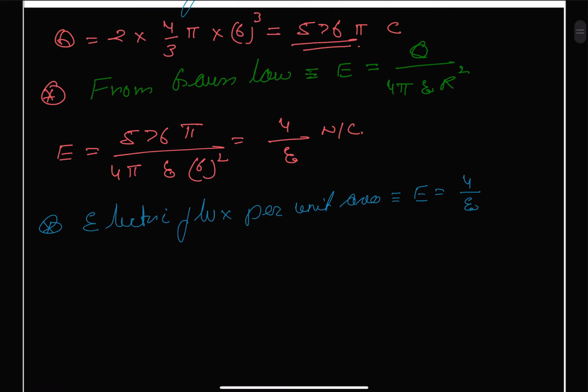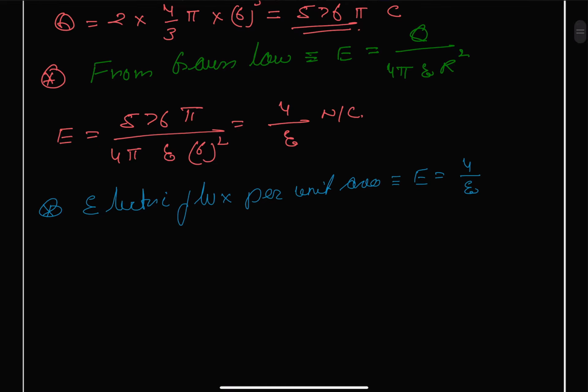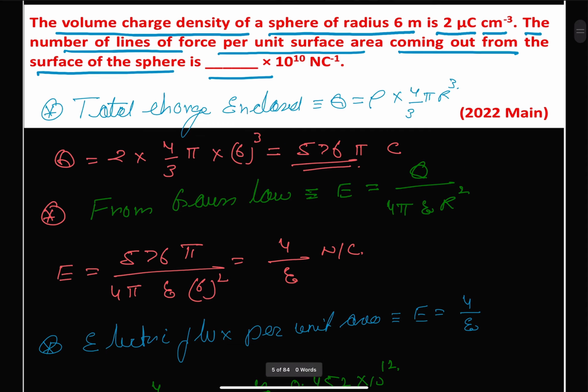We substitute the value of epsilon naught, and E will be equal to 4 divided by 8.85 into 10 to the power minus 12, which is approximately 0.52 into 10 to the power 12, which we can approximate as 45.2 into 10 to the power 10 Newton per coulomb. So this value will be close to 45.2.